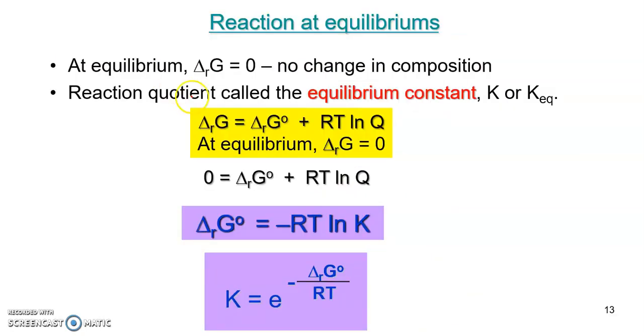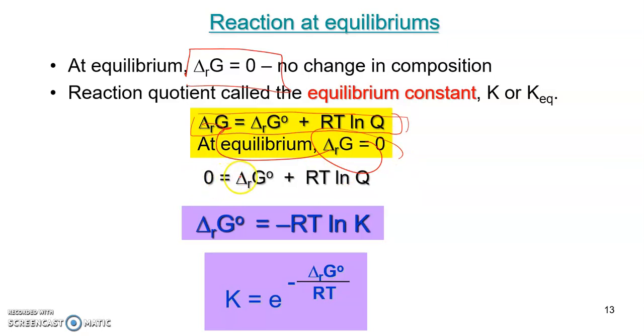So we can see that this here is our equation at equilibrium. At equilibrium delta Rg will be 0 because there is no change in the composition. You need to know this relation, delta Rg is equal to 0, and then from there you can replace delta Rg here.